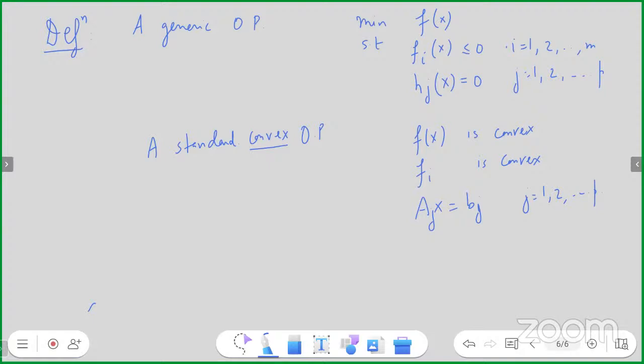Any other example? The example I gave was minimizing over a domain that is not even convex, just the perimeter of the circle. You can try to minimize whatever you want to minimize. That will fit here, but won't fit here. Okay, so that's one example.